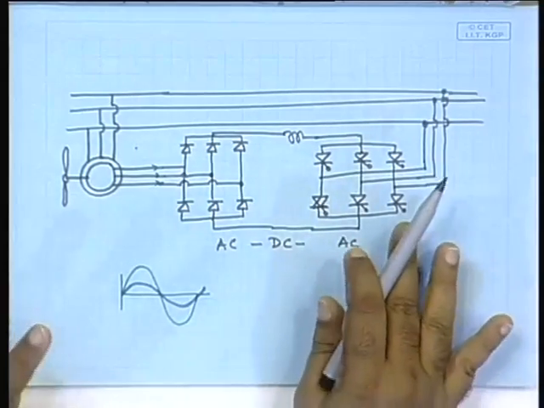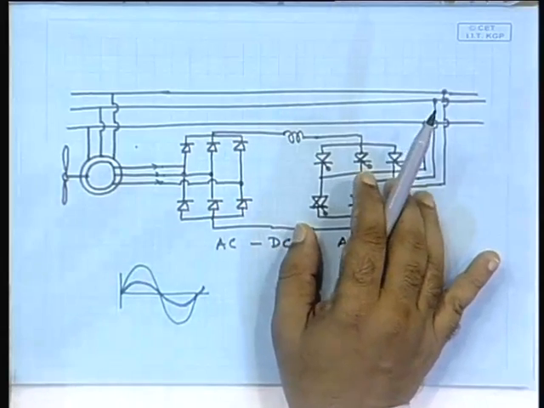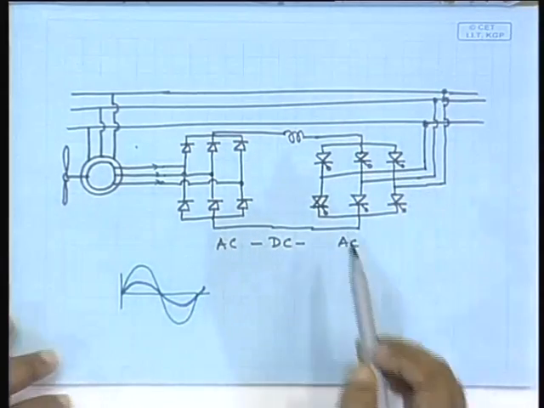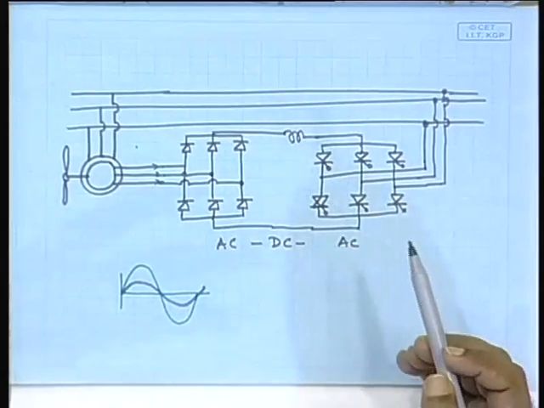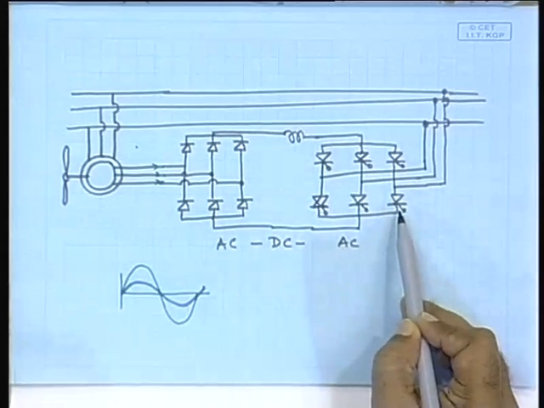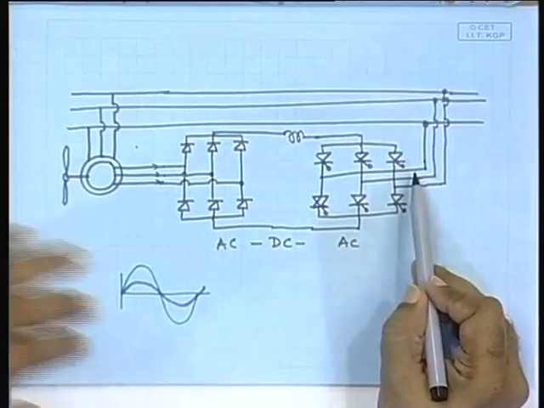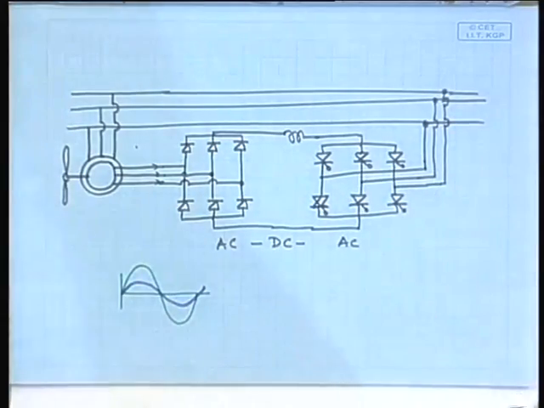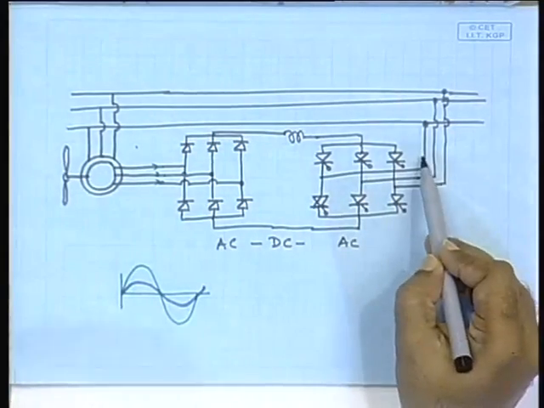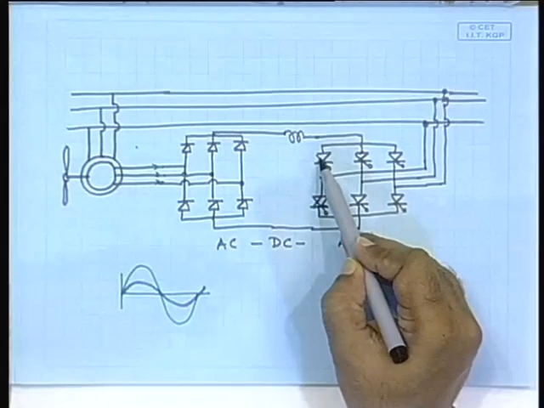There is a lot of theory to it. When you attend a course on power electronics, this will be dealt with in detail. For the present, it will suffice to understand that it turns the DC into AC. It actually does not turn it into a sinusoidal AC, it turns it into a sort of square wave kind of AC, but it does that by simply switching it in the proper sequence.